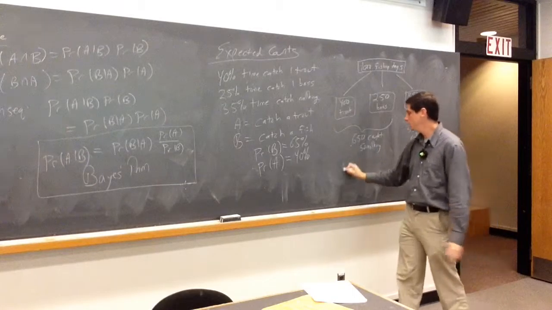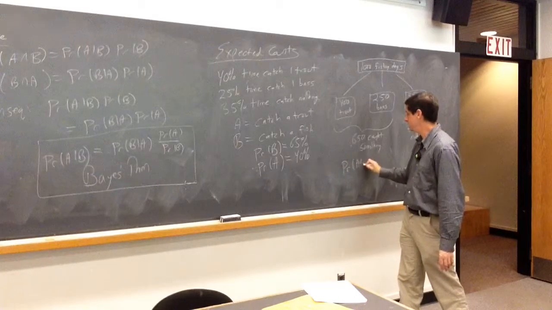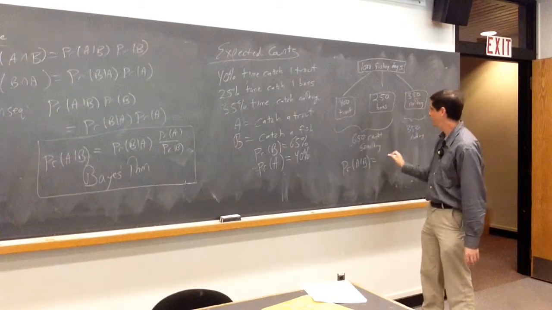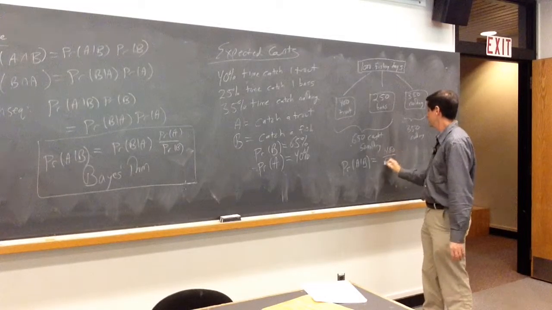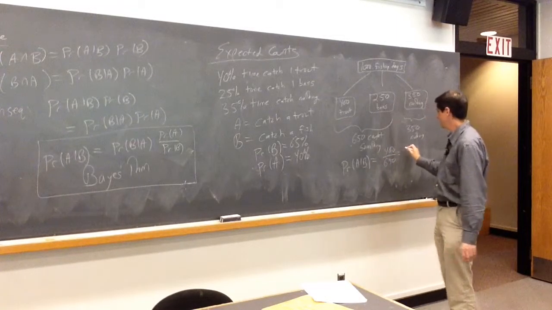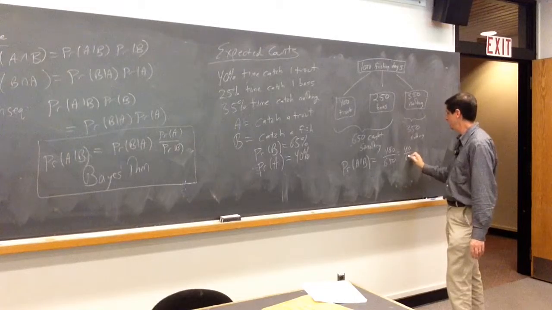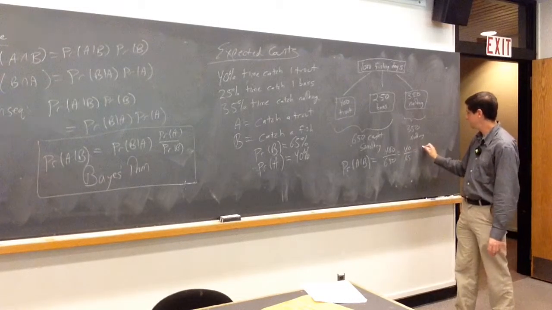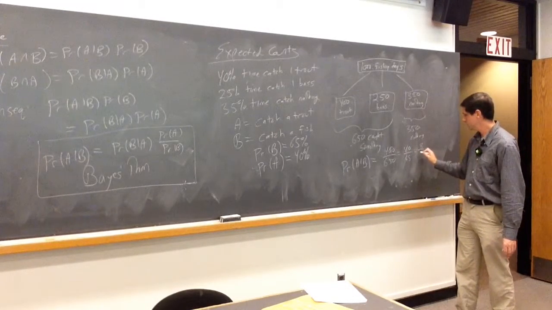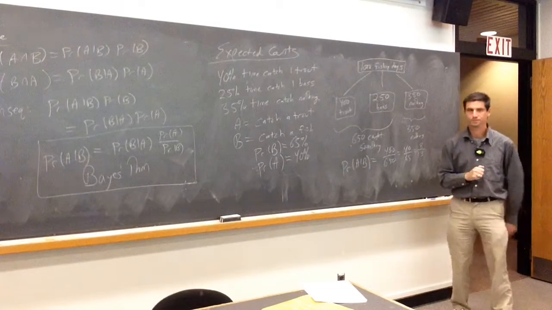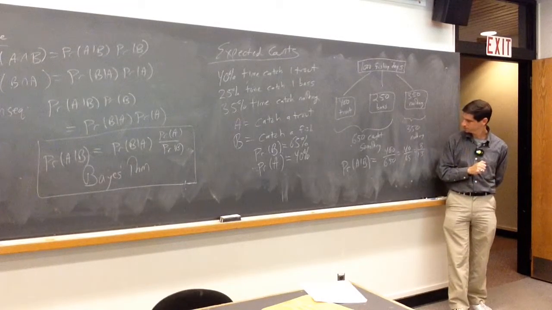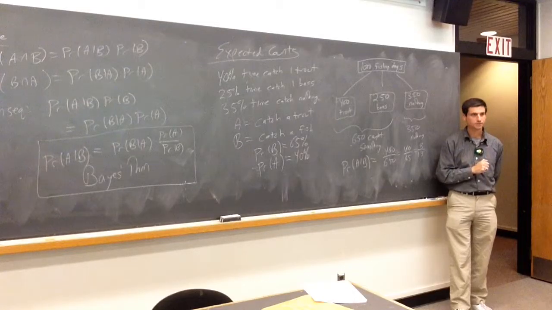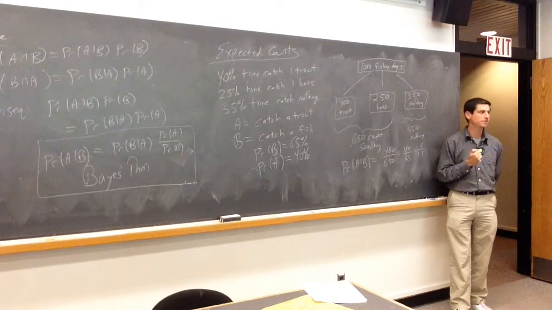And so now we get the probability of A given B is 400 over 650. So it's 40 over 65. 5 goes into 40 8 times. 5 goes into 65 13 times, if I've done it correctly. And so that would be the probability that we caught a trout given that we caught a fish.